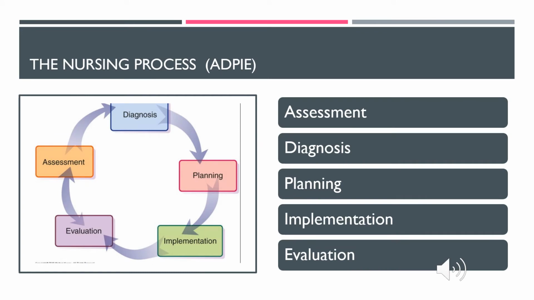So the nursing process, the acronym is ADPIE, you might hear it called ADPIE, is a dynamic, continuous, client-centered process. And there are 5 steps. You see them here. It starts with assessment, diagnosis, planning, implementation, and evaluation.